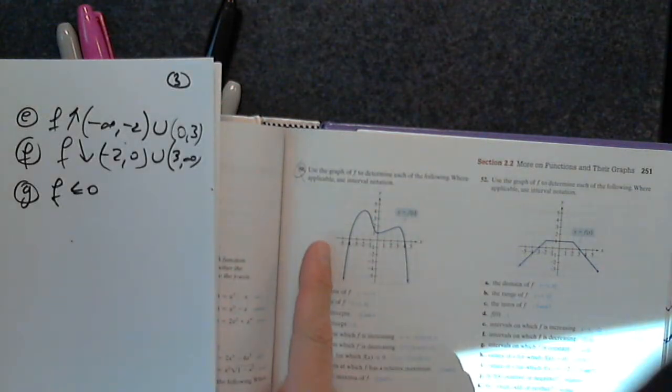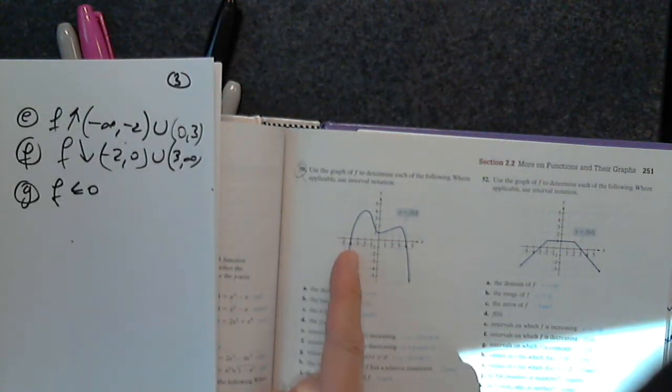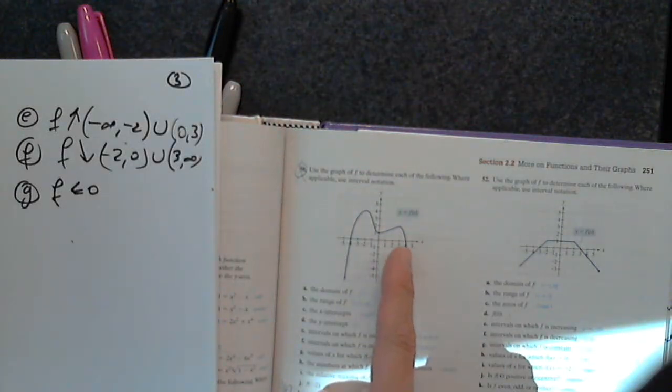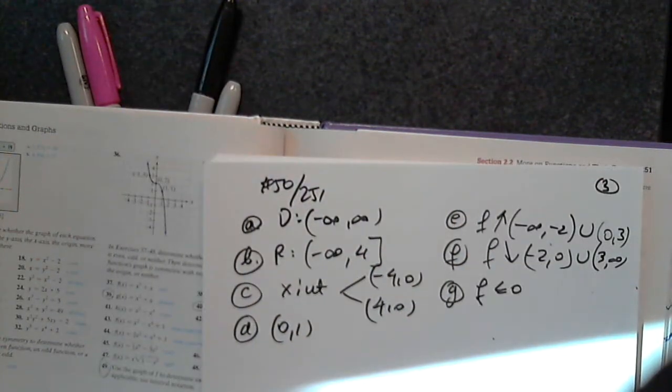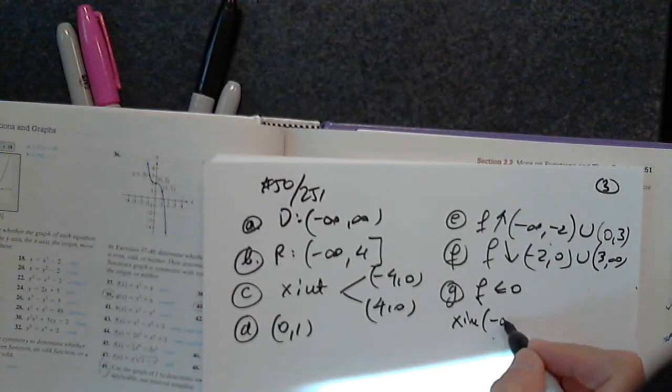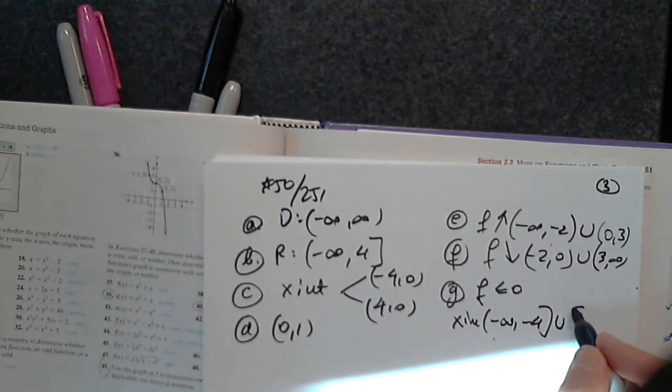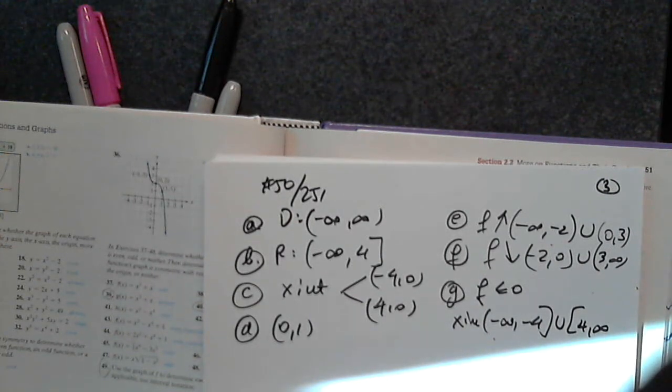Yes. So between negative infinity and negative 4, including negative 4, union 4 to infinity. Exactly. So the answer will be for x in the interval negative infinity, negative 4, union 4 to infinity. I'll show you these in a minute.